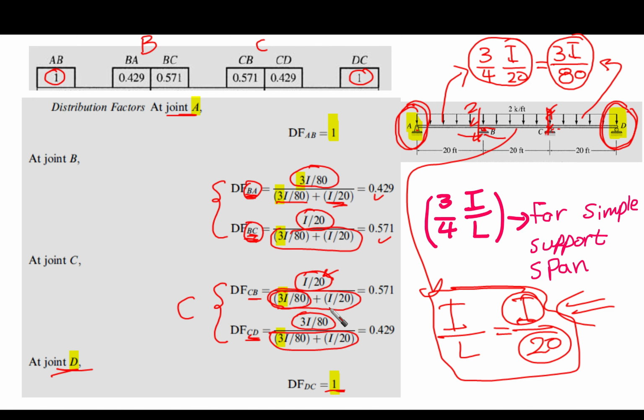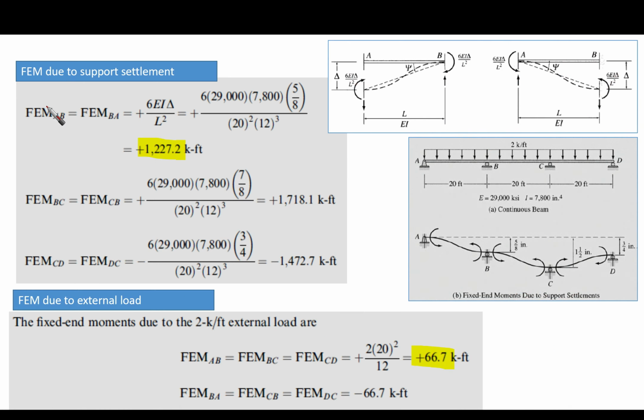Okay, so now we know well about the distribution factors of B and C. We can obtain them by simple calculations, putting the distribution factor at point D and at point A to be 1. Okay, now let's go to the next, which is the fixed end moments, the most important part for today.